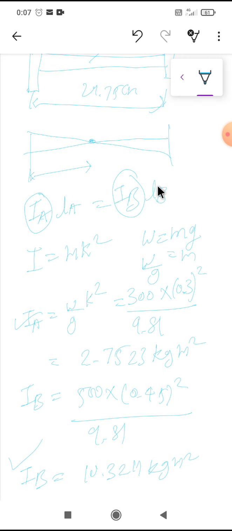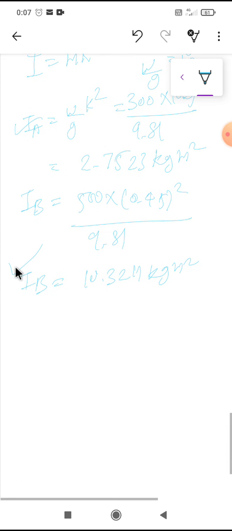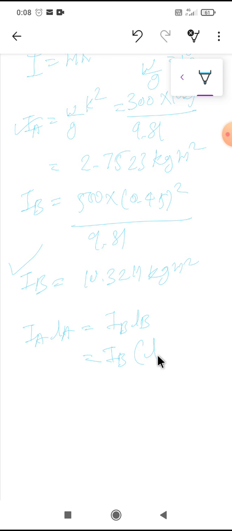We have IA LA is equal to IB LB, and LA plus LB is equal to total length. We know the total length, but we don't know LA and LB, so we will use this formula.